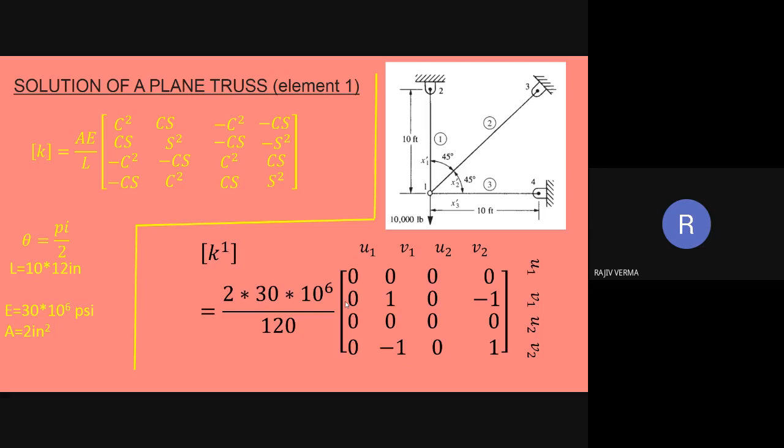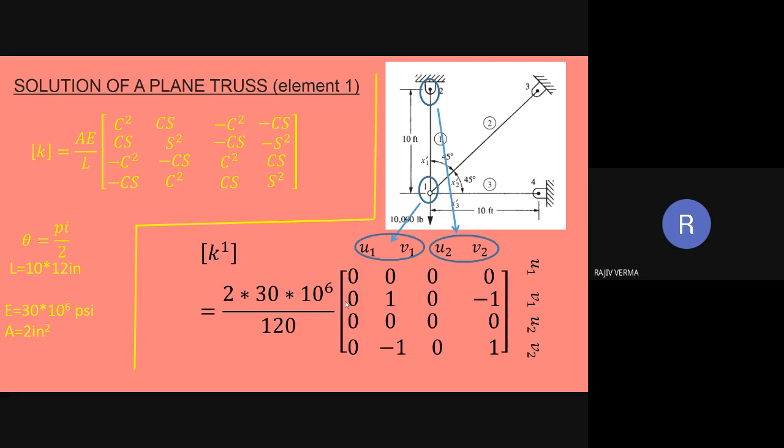Also notice that the degrees of freedom for element number 1 have been indicated. That is U1 V1, U2 V2.